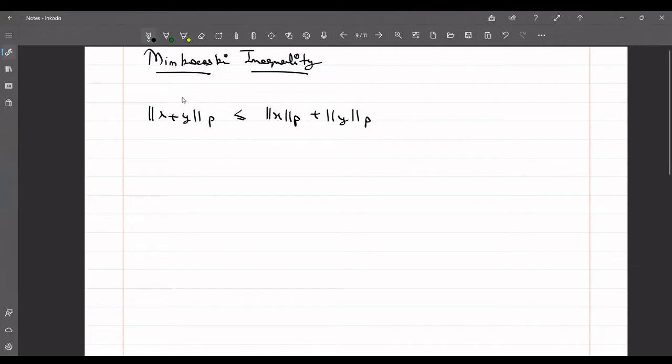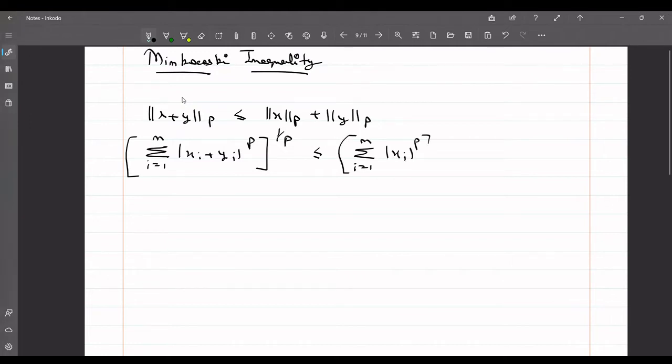Or we can write it like this: summation i equals 1 to n, mod of xi plus yi to the power p, whole to the power 1 over p, is less than or equal to summation i equals 1 to n, mod of xi to the power p, whole to the power 1 over p, plus summation i equals 1 to n, mod of yi to the power p, whole to the power 1 over p, right? So now we will prove this. So proof.